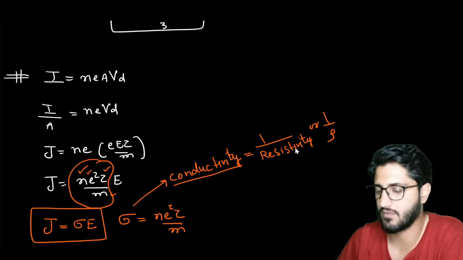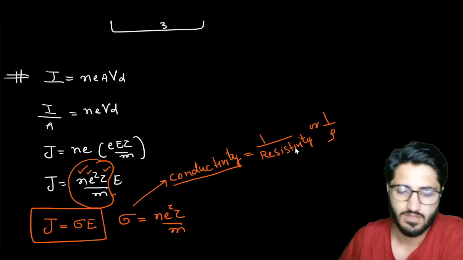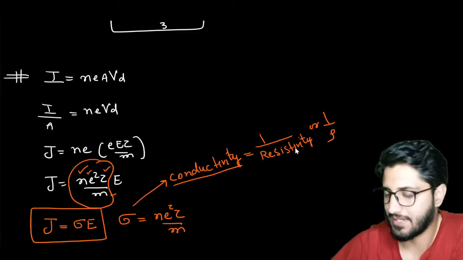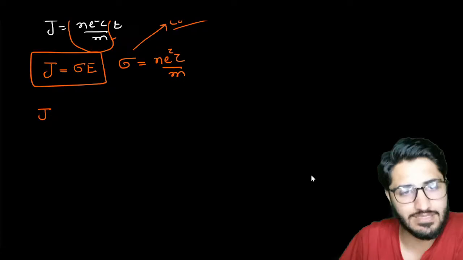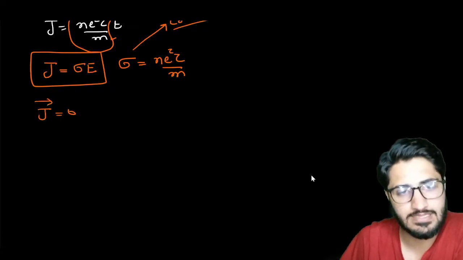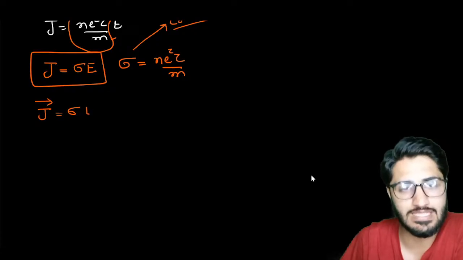Sure, beta. If you have any logical question, you can ask me. So I can write here now: J is a vector, and E is also a vector.